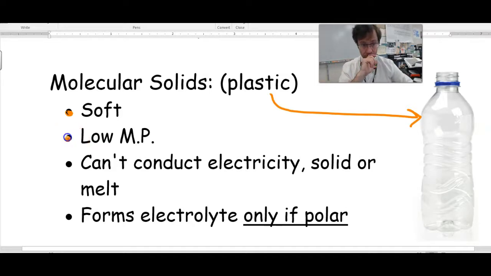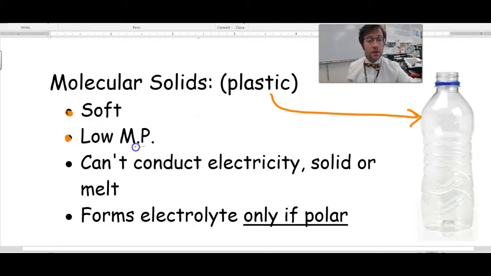It also has, excuse me, a very low melting point. I looked up the melting point of table salt, and I think it's like 1,500 degrees Fahrenheit. That's hot, dude. That's really, really hot. Plastic, a little bit lower than that. It doesn't take a whole lot of temperature to melt plastic.